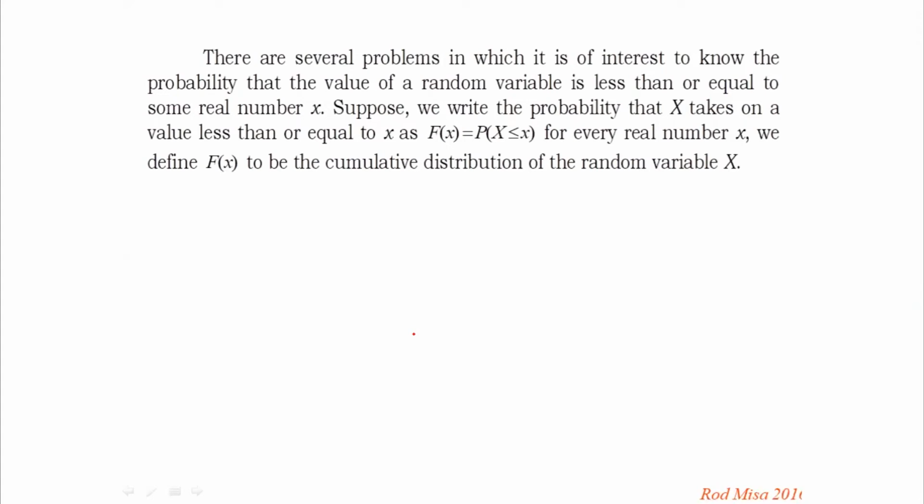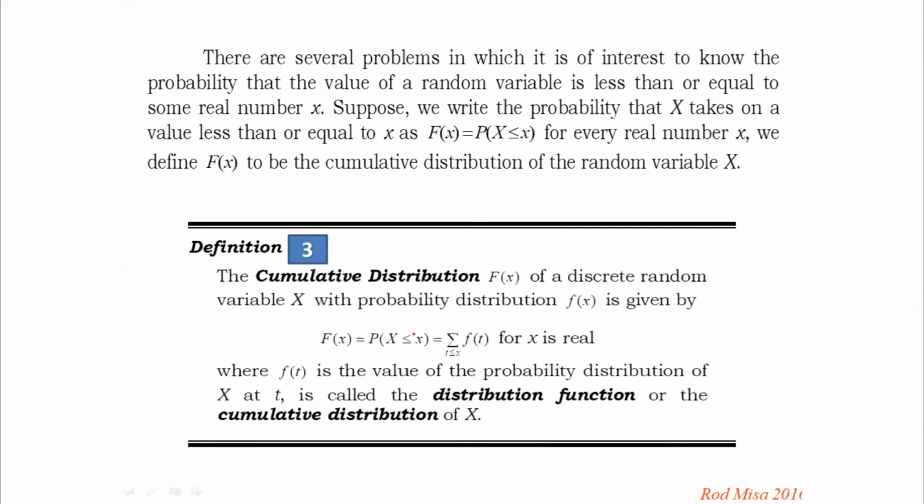For every real number, small x, we define the big F of x to be the cumulative distribution of the random variable big X. And this notion paves the definition number 3.